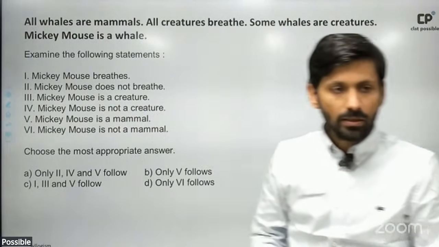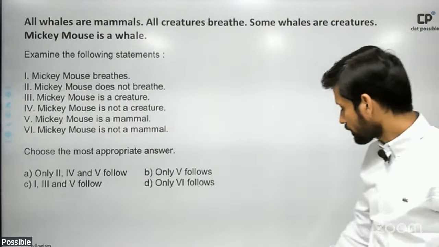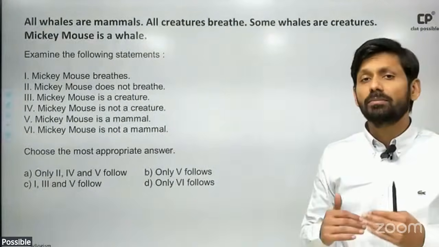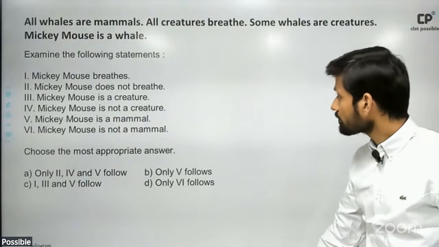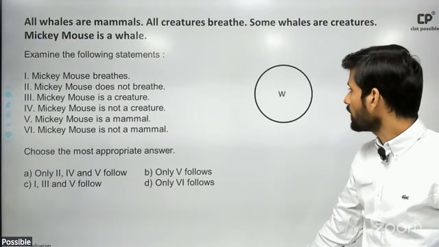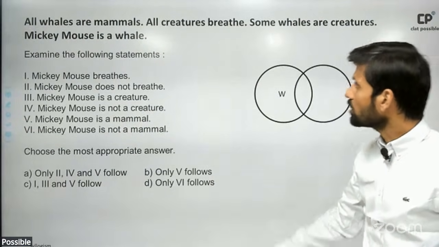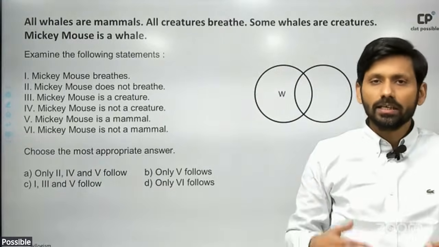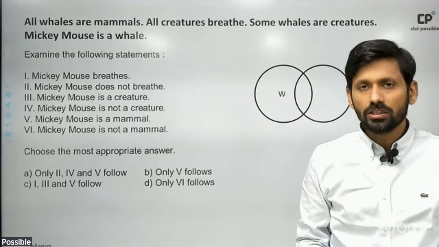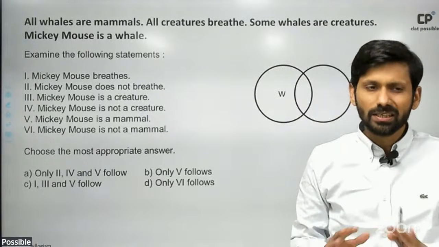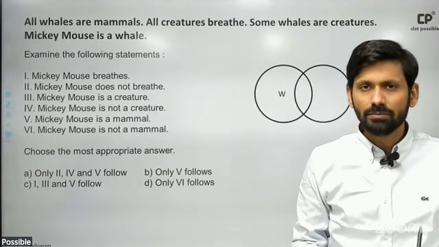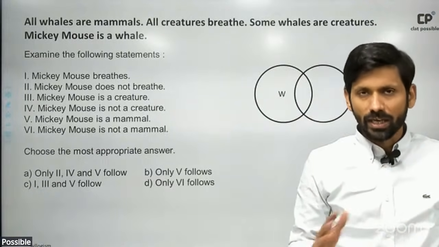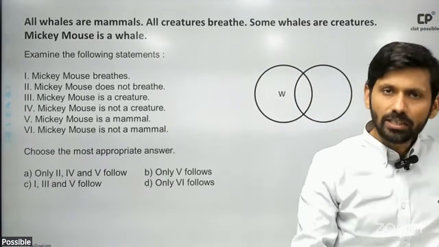Now, so all whales are mammals, and we are drawing, as I said, the minimum overlap diagram. So all whales are mammals. When you're approaching syllogism questions, make sure you are being a little smart in drawing the diagrams, in the sense that just go through all the statements once, and then you start drawing it.